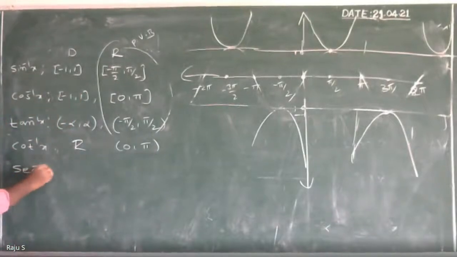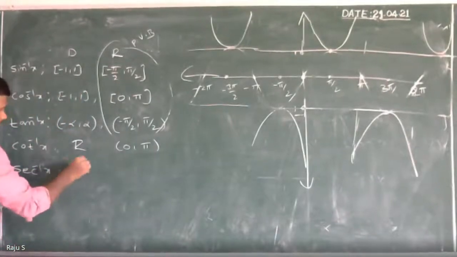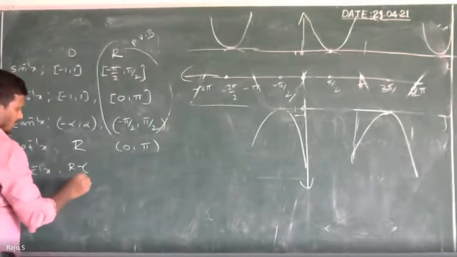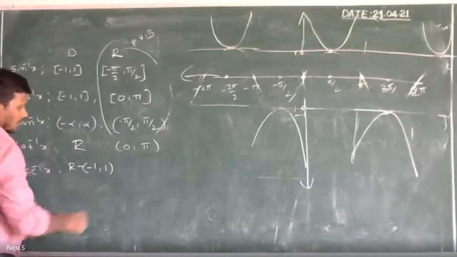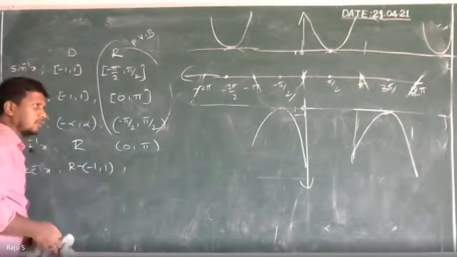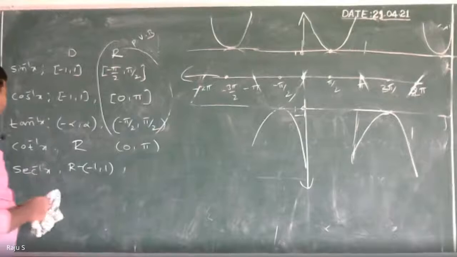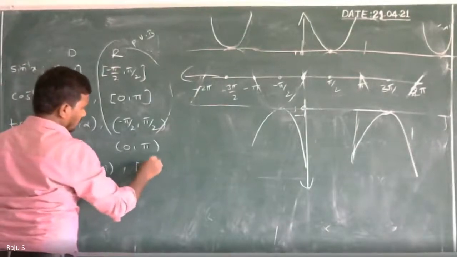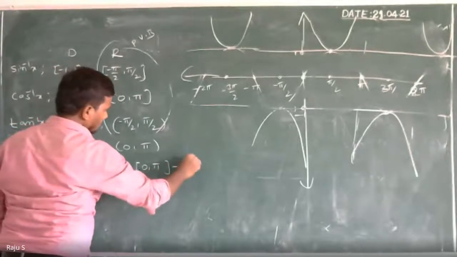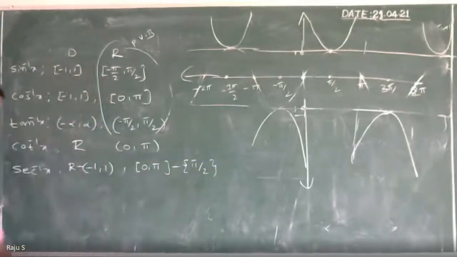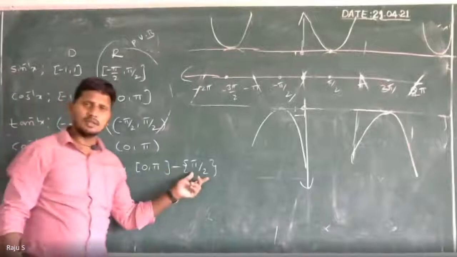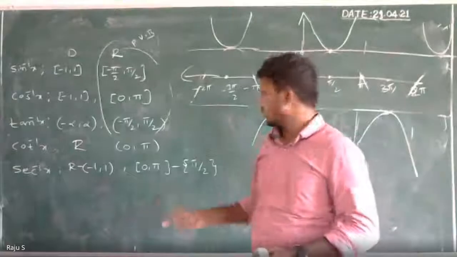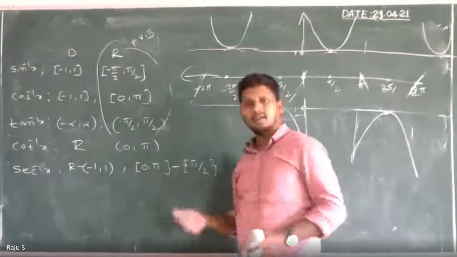Secant inverse of x: the domain is R minus the open interval (-1, 1), and the output is 0 to 180 except 90, because secant 90 is undefined.